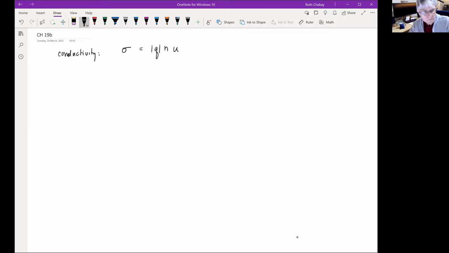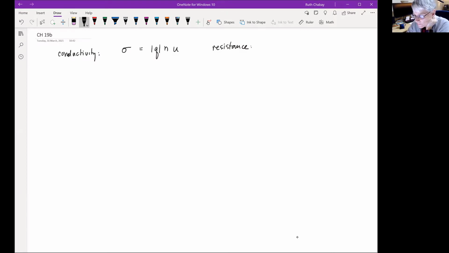And we also define a quantity called resistance, something that is much talked about in circuits. And that combined not only the properties of the material, but geometry.